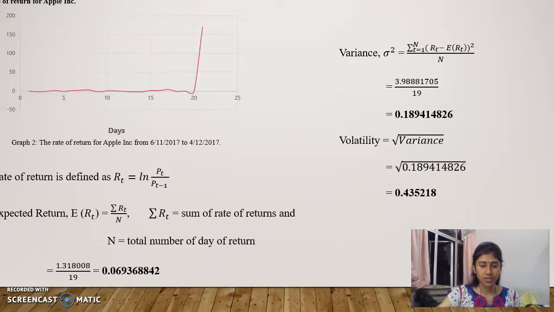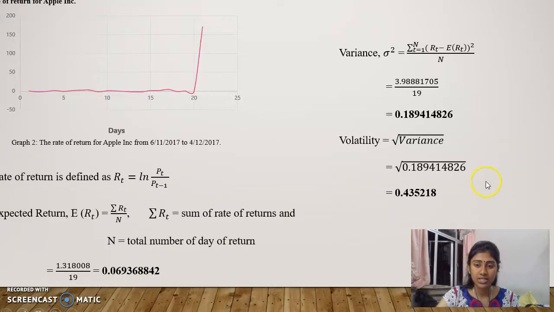From the graph, the rate of return is the gain or loss on an investment over a specified time period. Since the expected return is 0.069, it shows the Apple company has a positive average net income.